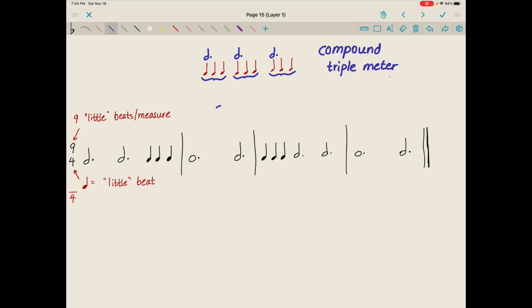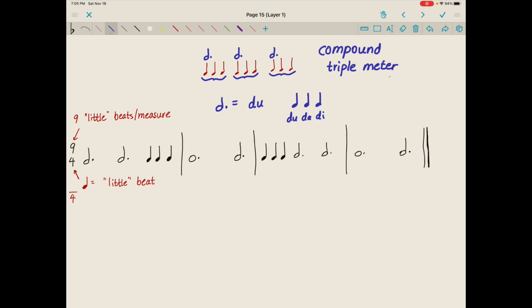So since our dotted half note is worth 1 big beat in 9/4 time, this will be designated as do. And because each of our quarter notes is then worth just 1/3 of a beat, we will use the syllables do, da, di to represent our 1/3 beat notes.